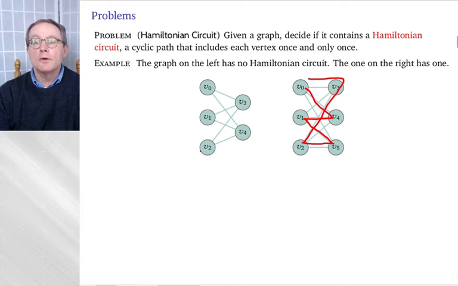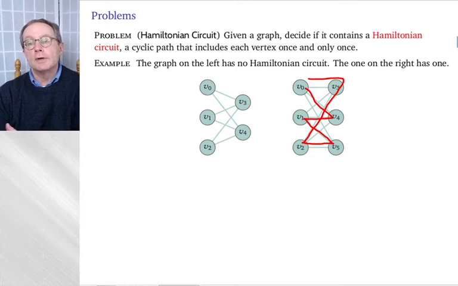But when I look over here, you notice that if you want to include each vertex once and only once, you've got a problem, because this, like the prior one, is a bipartite graph. There's two halves, and the ones on the left connect only to ones on the right. The ones on the right connect only to ones on the left. But the difficulty is that there's 3 on the left, only 2 on the right.